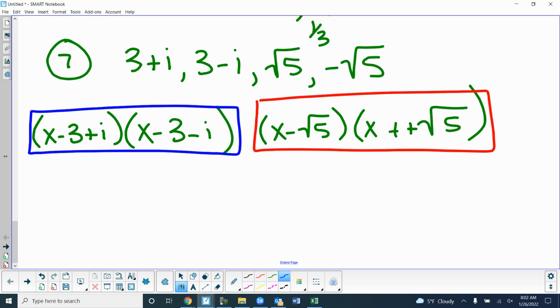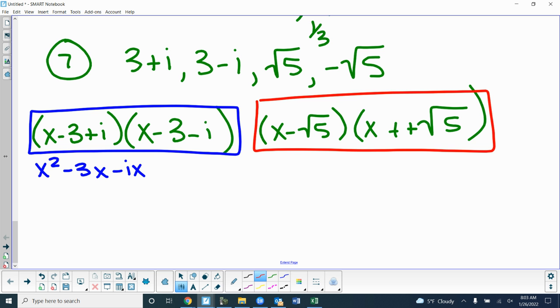So let's do these first. I go x times x, x times negative 3, and x times negative I. Okay? Just take your time when you do this. All right?